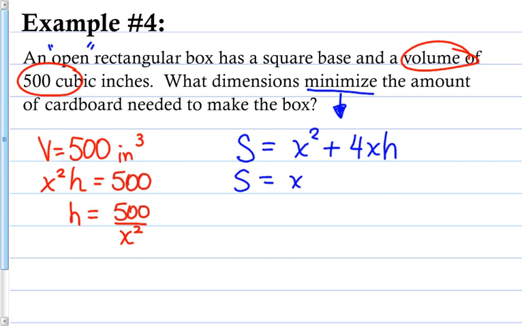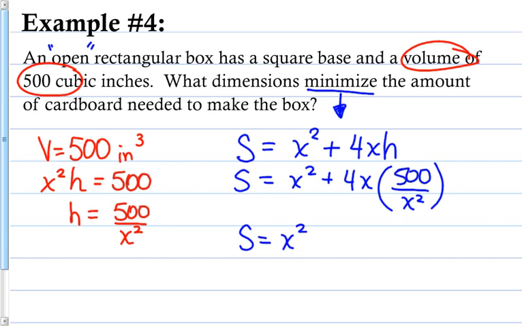So x squared plus 4 times x times h, which is 500 over x squared. All right, let's simplify this a little bit. x squared plus, this x eliminates one of these, and then 4 times 500 is 2,000, and that's going to be over x. So there's my equation.